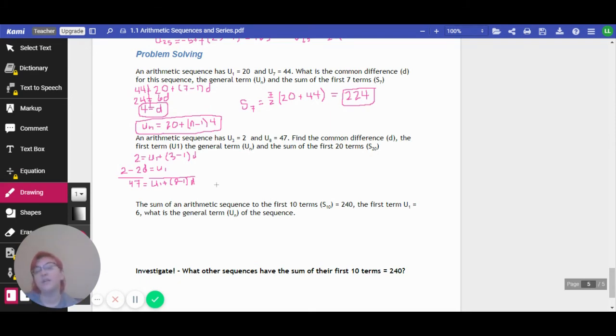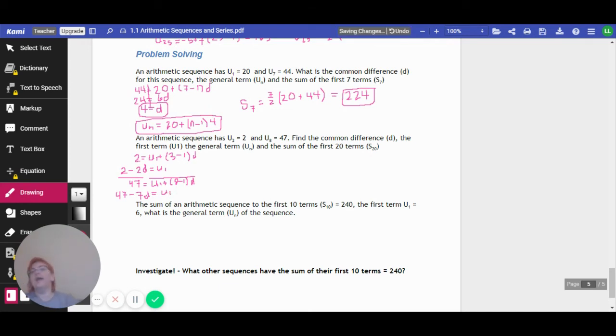I know that 8 minus 1 is 7, so I'm going to subtract 7d from both sides. So 47 minus 7d equals the first term. Cool.